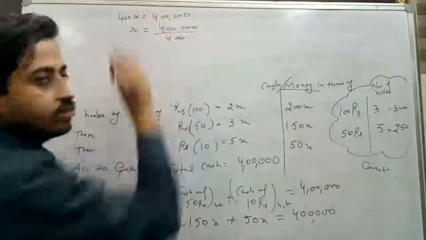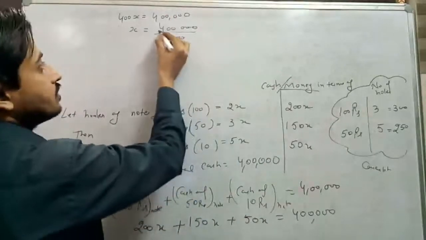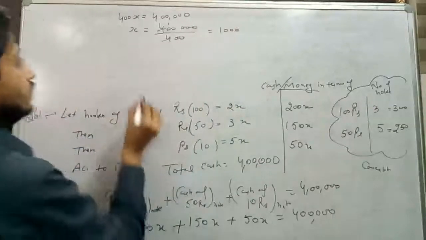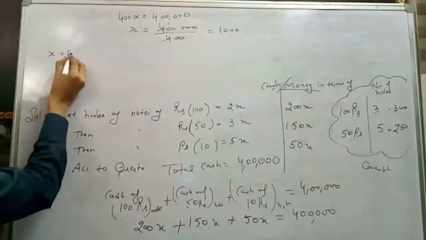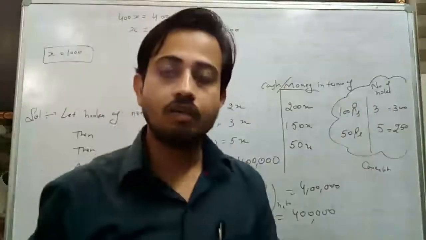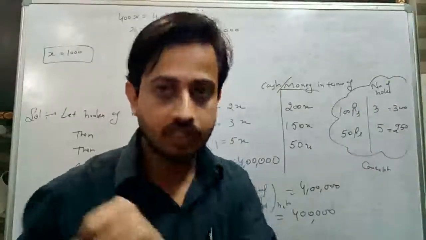The zeros cancel out, and 4 ones are 4. So we get x is equal to 1000, and we have to calculate the number of notes of each denomination.